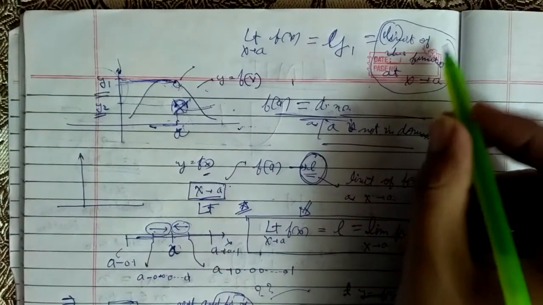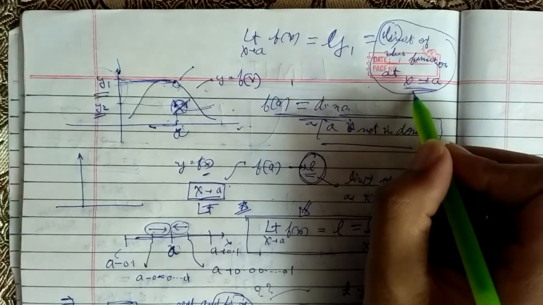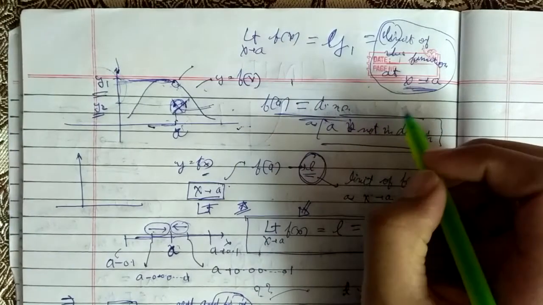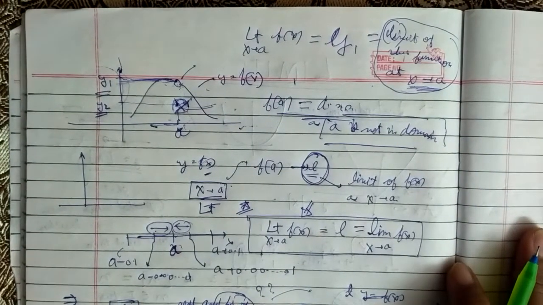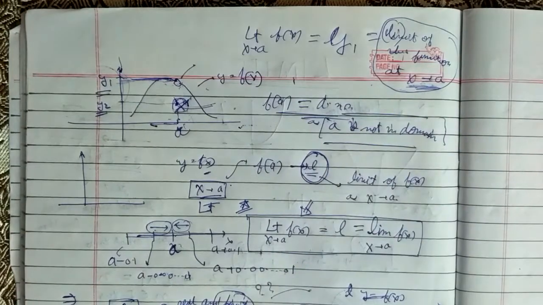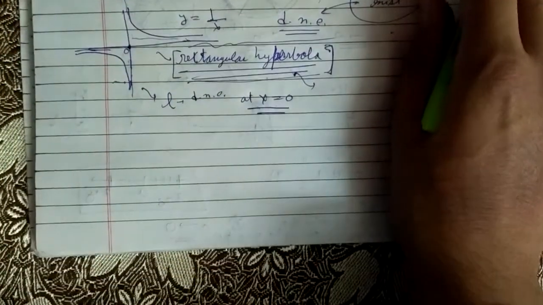And please note that the limit of the function at x equal to a does not mean the actual value of that function at x equal to a. It just represents the neighborhood values of the function at x equal to a. Please note this point. This would be required in this chapter further also.